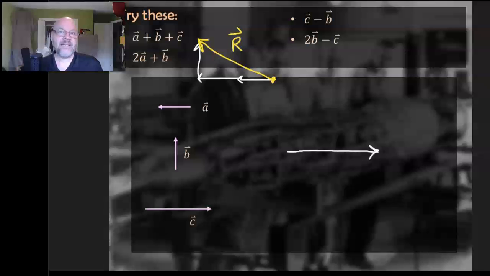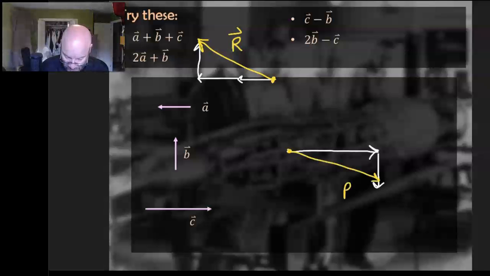So when we have a negative on a vector, we just invert it, we just reverse its direction. So B, instead of going up, we're going to do minus B, which goes down like this. And then start to finish right there, there's my resultant vector R.